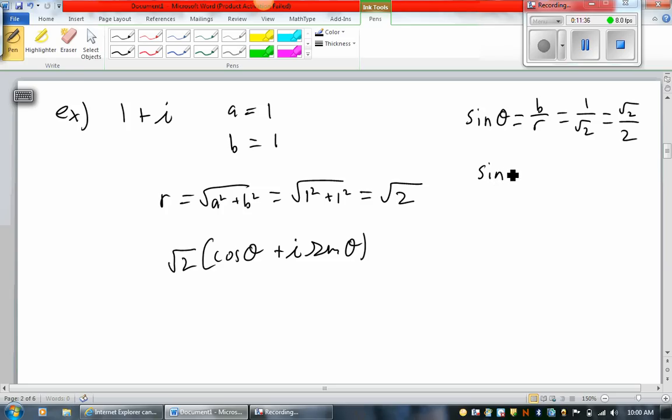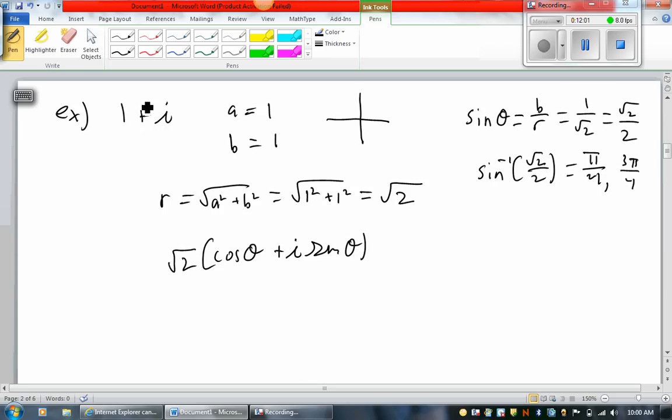Now I do my sine inverse. And this one you should have memorized. You should know that it's pi over 4. And remember, we might think we have an ambiguous case where it's also going to be 3 pi over 4, which is in quadrant 2.